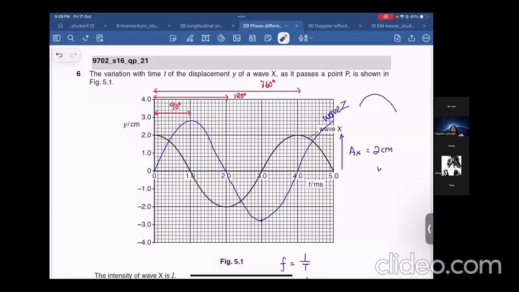Last week we learned that intensity is directly proportional to the amplitude. Intensity higher, amplitude will be higher. From there, we know that our new wave should have an amplitude of 2.8 cm. Okay, any question for this question?